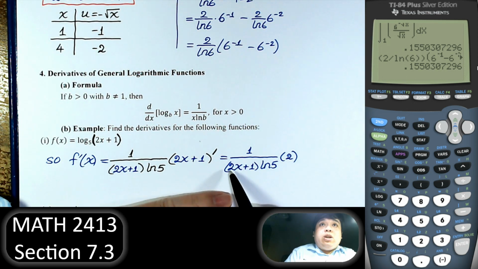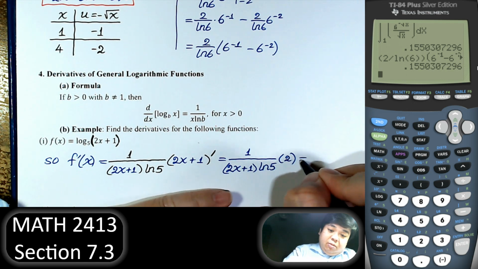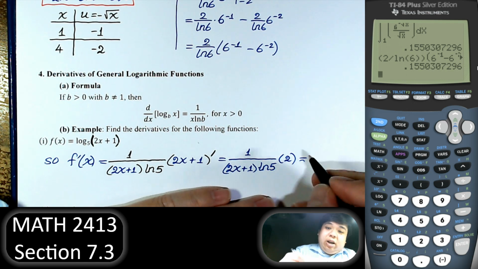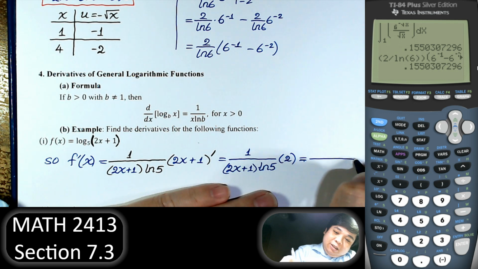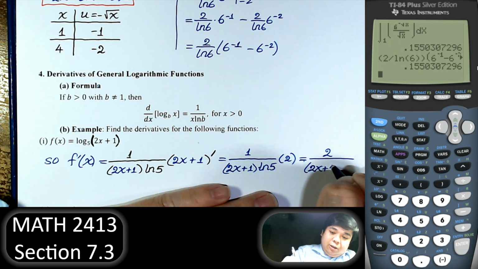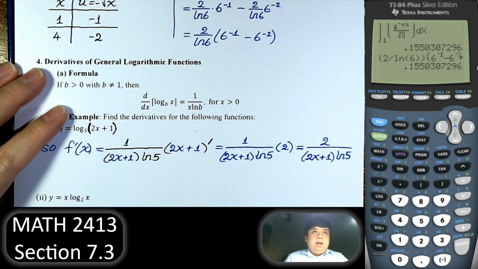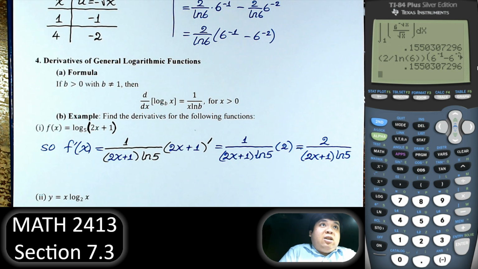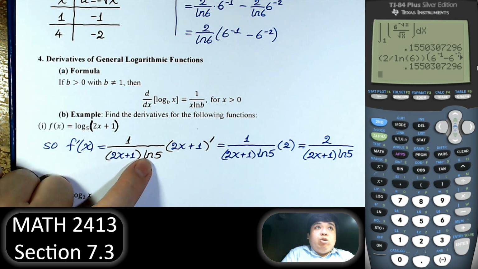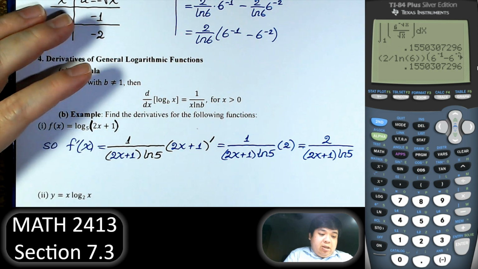Do not cancel with the 2 at the bottom because there's a plus 1 here. So that is pretty much it, right? Just the reciprocal function, but we have to multiply by the ln of the base.